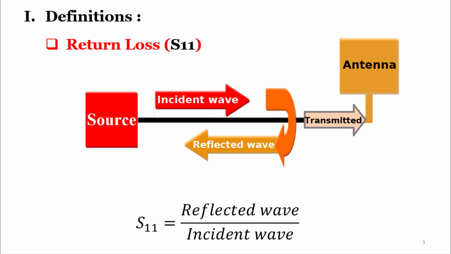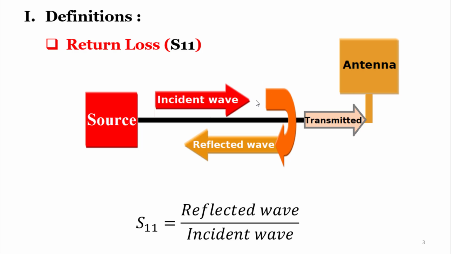So the first definition is the return loss, or S11, or reflection coefficient. What does reflection coefficient mean? Assume that we have a source of power with a coaxial cable connected between the antenna and the source. Here we have an incident wave that comes from the source toward the antenna.